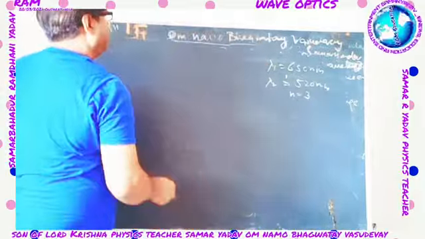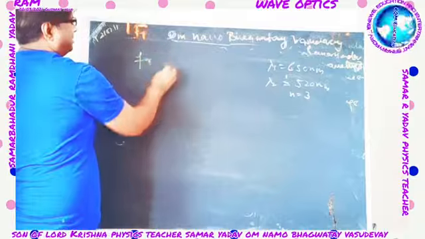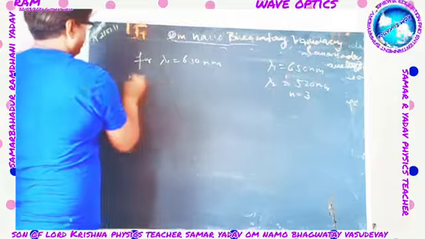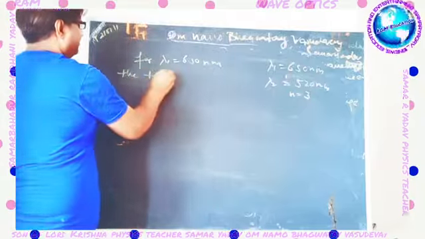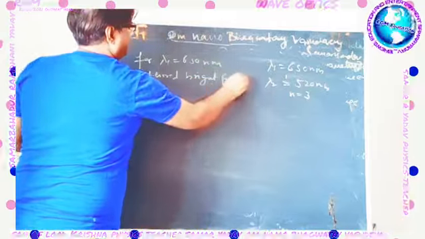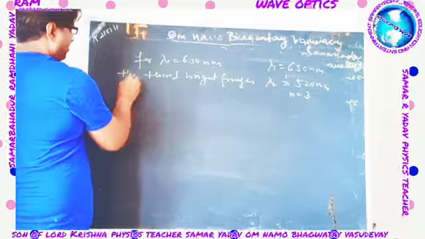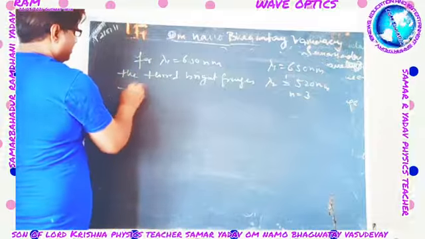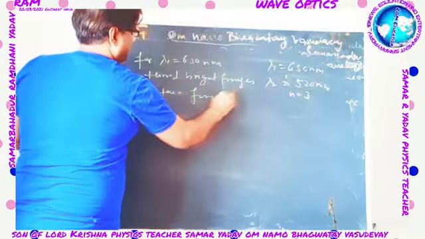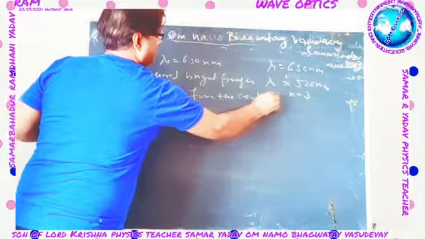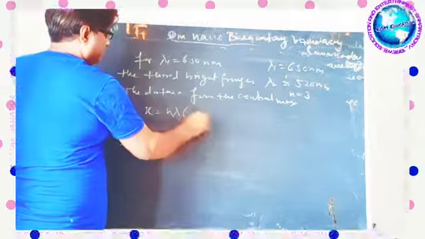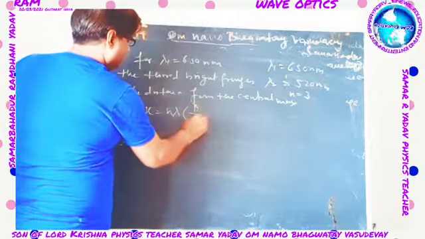Now we know that for lambda 1 equal to 650 nanometer, for the third bright fringe, the distance from the central maximum is x is equal to n lambda capital D upon small d.